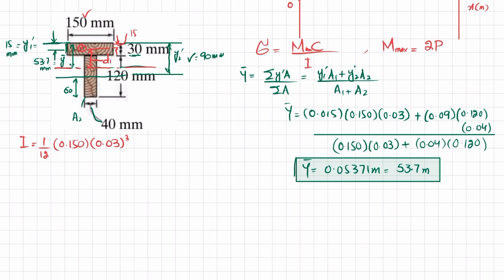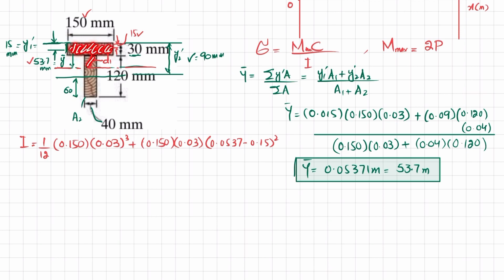Let this distance be d1. So plus A into d1 square. The area is 0.150 into 0.03, and d1 is 53.7 minus 15, so 0.0537 minus 0.015 whole square. So this is the moment of inertia of this upper portion 1.